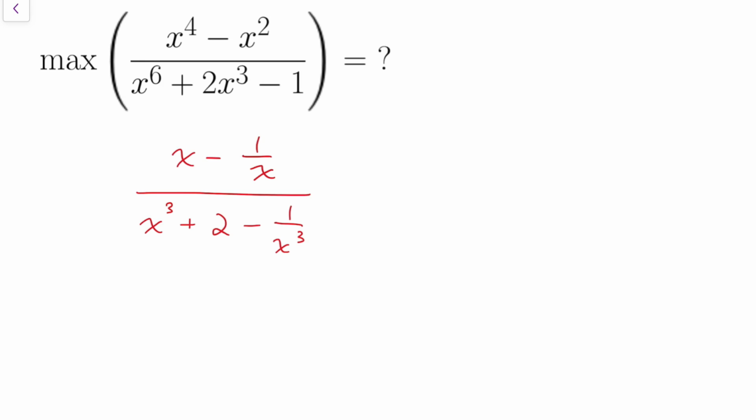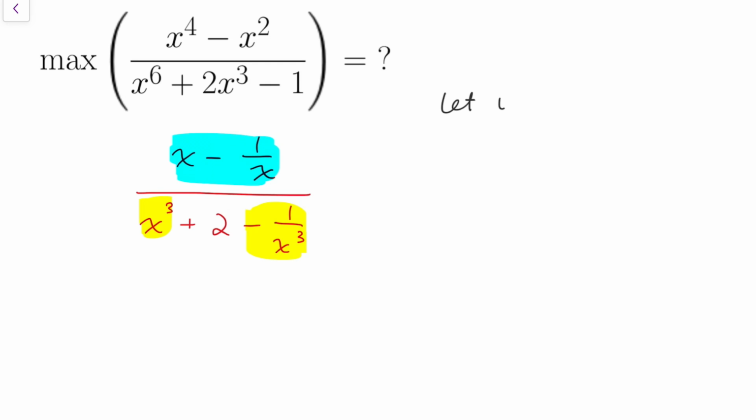The reason that I decided to do this is that I can actually express x cubed minus 1 over x cubed in terms of x minus 1 over x in a very simple way.